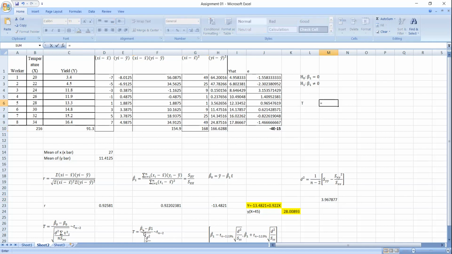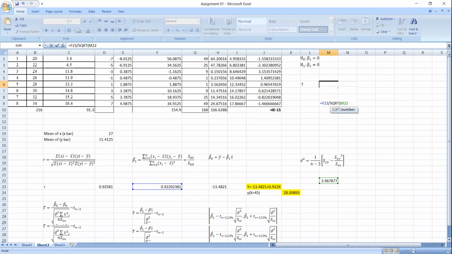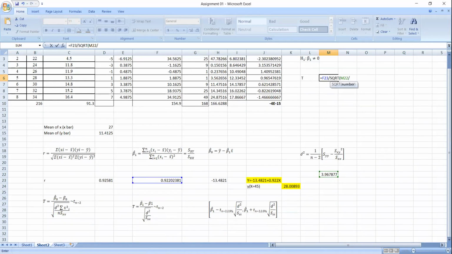Let's substitute for the test statistic. T is equal to beta 1 hat, so beta 1 hat is this, minus beta 1 is 0. Now we are testing for 0. So for the numerator, we don't have to substitute any other term. This one you have to divide by the square root of sigma squared hat, the estimated value, divided by S_xx. So S_xx value is this.